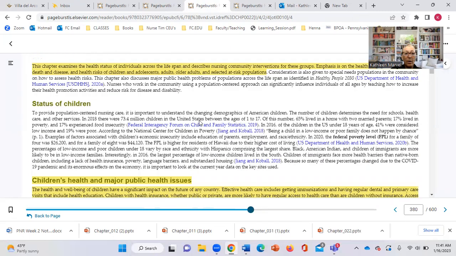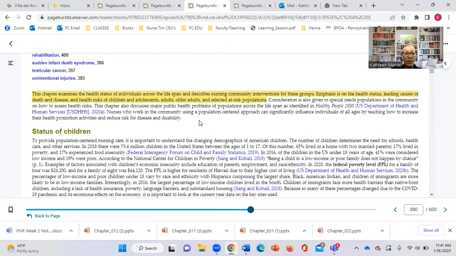We know that in this chapter, we talk about the health status of individuals across the lifespan, and we talk about nursing interventions for these particular groups. Emphasis is on health status, leading causes of death and disease, health risks of children and adolescents, and adults and older adults.